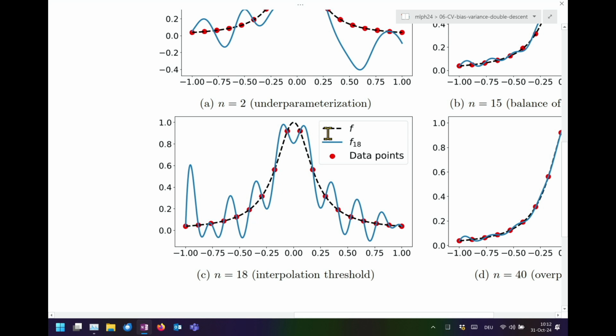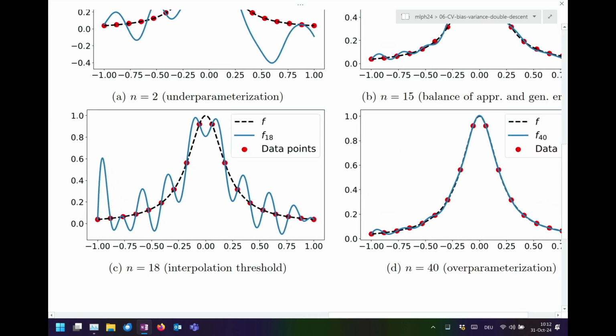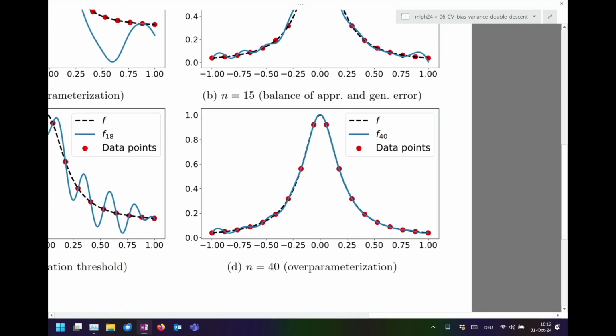I mean, nobody would like to use this blue function here. So this is where the train error is good, but the test error would be very bad. This is at the interpolation threshold.